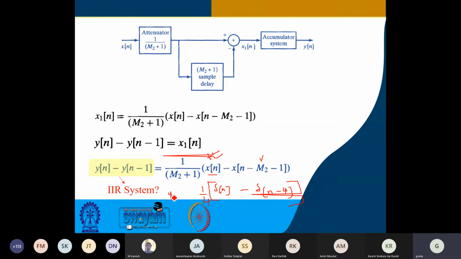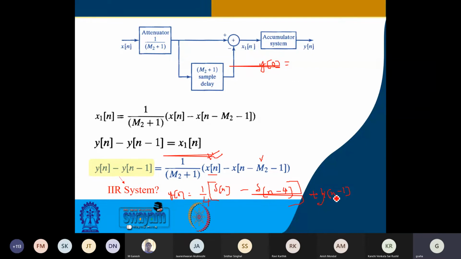So this is my yn. I can bring yn minus 1 to the right hand side. Initially relaxed means past values, all these values, are 0. Now this y0, so-called y0, actually is h0.